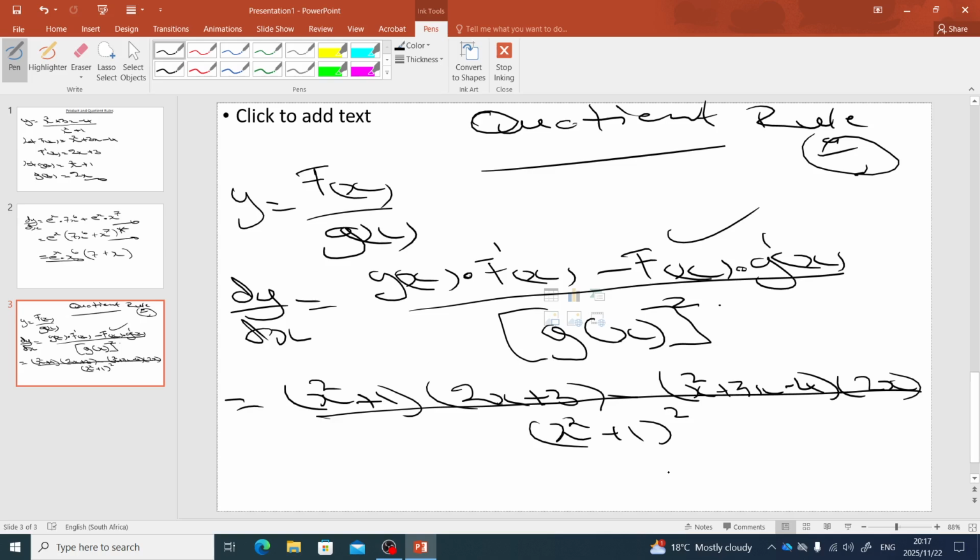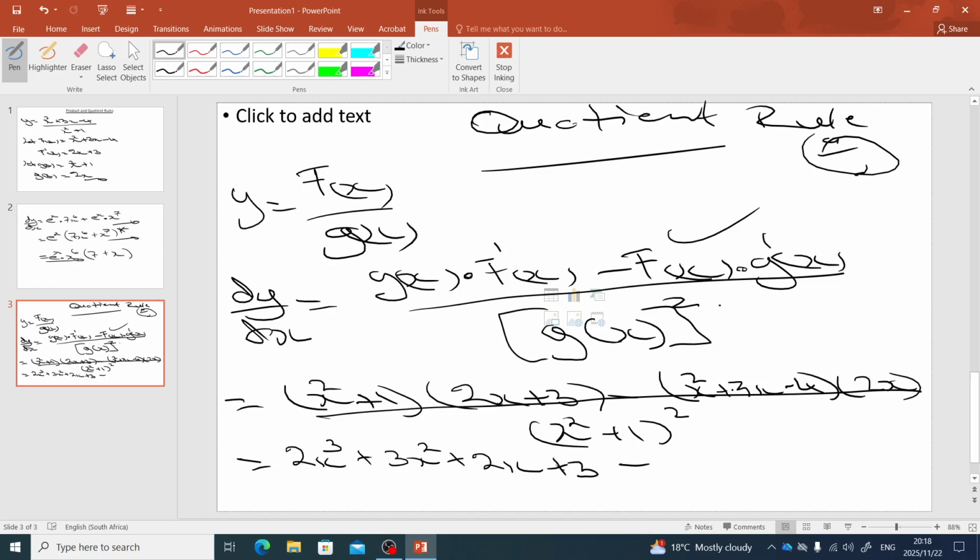Then from here, you can multiply and remove the brackets. X multiplied by 2x will be 2x cubed. 2x multiplied by 3 will be plus 3x squared. Then this multiplied by 2x, and this multiplied by 3, will be plus 3.